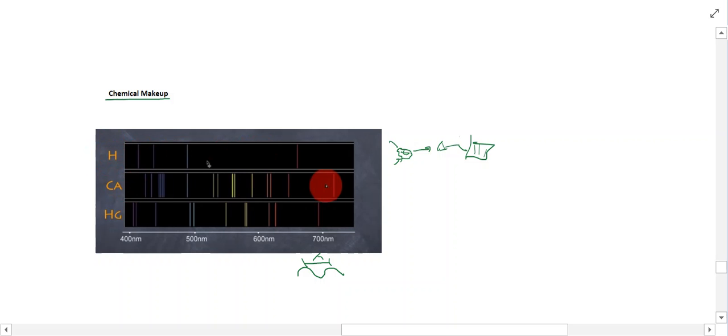The gas that's given off this emission spectra must contain calcium, and the gas that's given off this emission spectra must contain mercury. So we can use this as a fingerprint to identify the chemical makeup of a particular gas cloud or a particular gas. So we can use it to look at chemical composition.